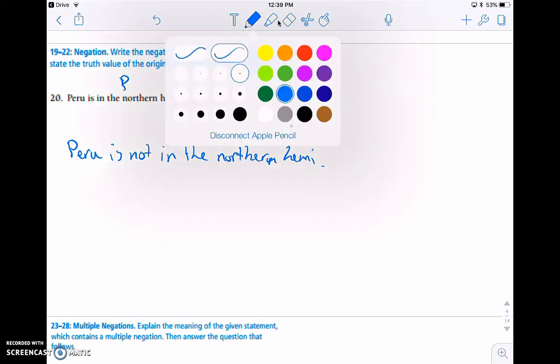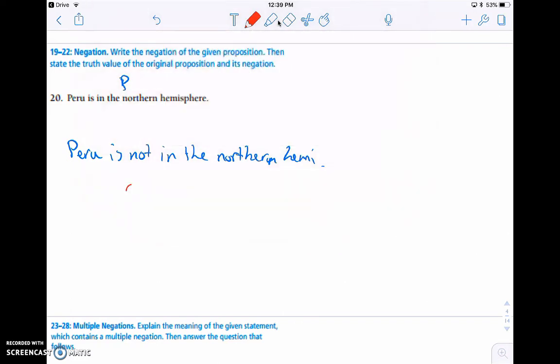I'll change colors for this. And then this is our proposition not P. Again, you can write that out if you'd like to. And P, where Peru is in the northern hemisphere, that is false. But not P, Peru is not in the northern hemisphere, that is true, because Peru is actually in the southern hemisphere.